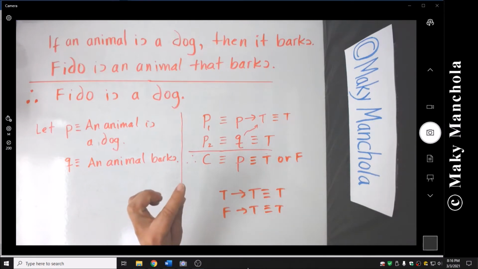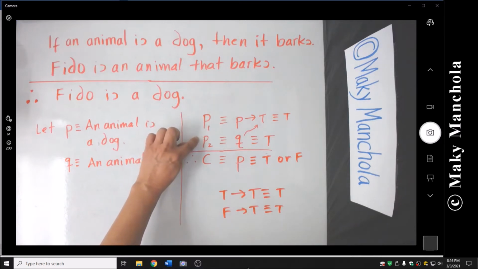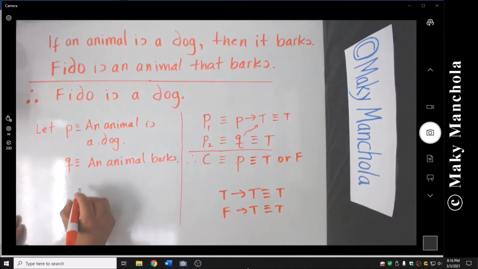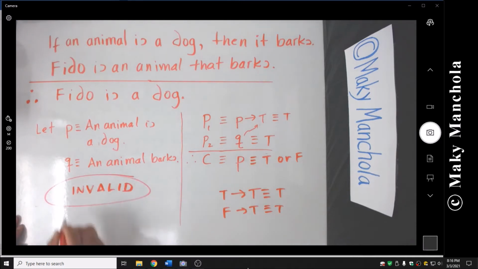That's not happening here. Here I am taking for granted that both premises are true, but I'm not getting anything about the conclusion. It could be true, it could be false. So we will say that this is an instance of an argument that's invalid. So our second example is an example of an invalid argument.